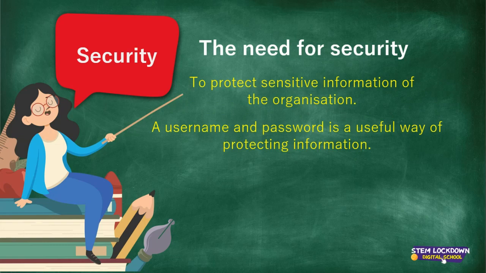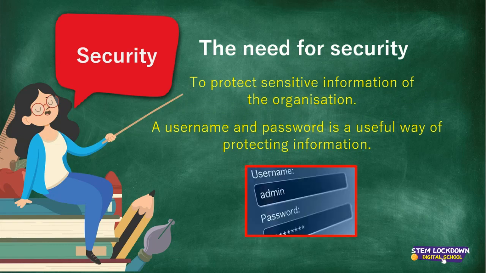Like we said earlier on, you need to have people that are authorized to go through the network, so a username and a password is the best way to do that. This is what operating systems actually provide. They provide you with that interface whereby you can log in with your username and put in a password.